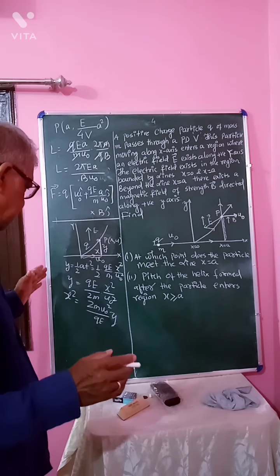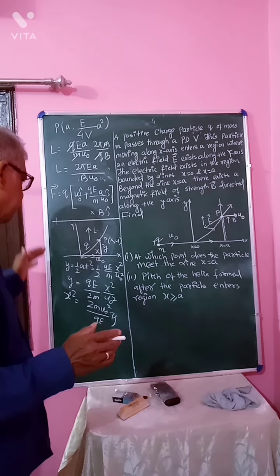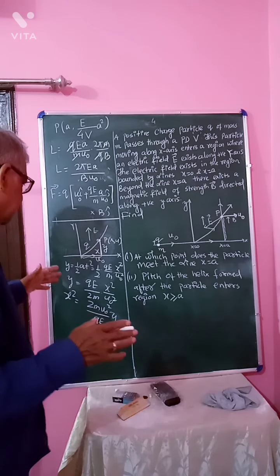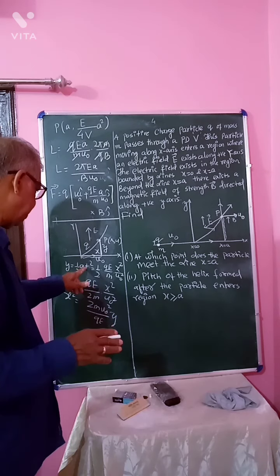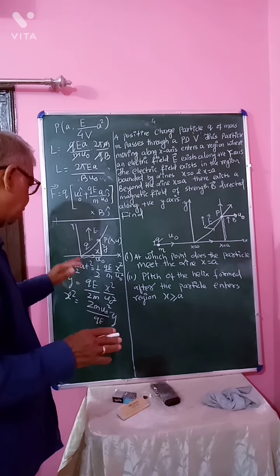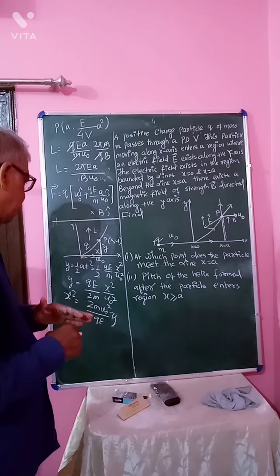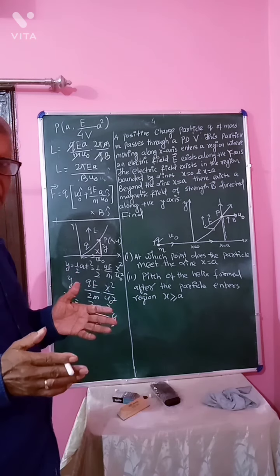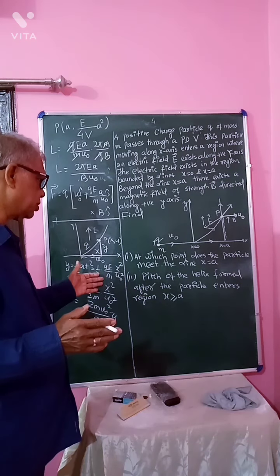This is the equation for a parabola. Here, if you eliminate time from these equations, we get the relation between x and y, that is the equation of trajectory. This is also asked in the examination.